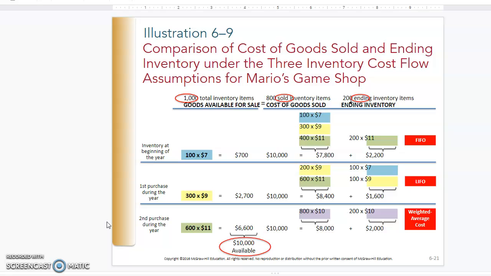LIFO is often used in industries where the costs are decreasing. Technology is one such possibility. Weighted average is used often when we have prices that are volatile, that go up and down a lot, because it smooths out the cost. Again, it's up to management to decide.